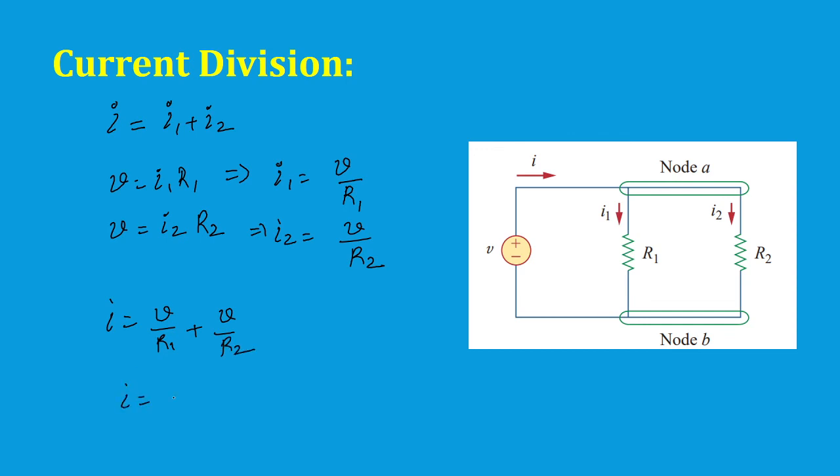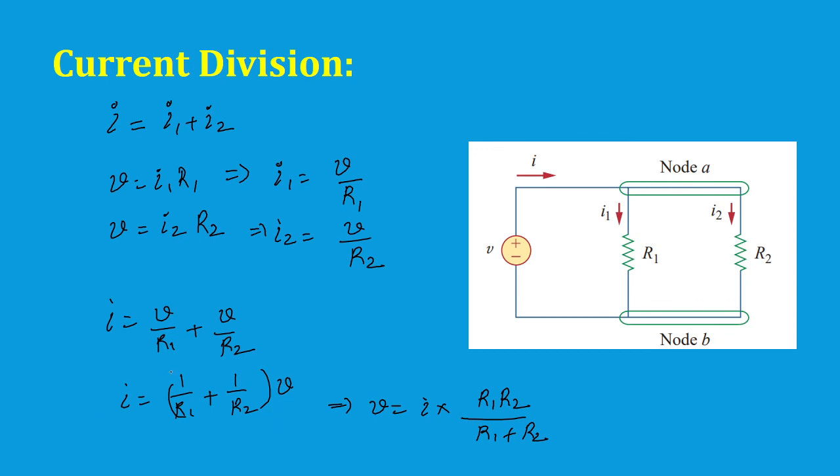So I is equal to 1 by R1 plus 1 by R2, into V. So V is going to be I divided by 1 by R1 plus 1 by R2, or you can write V is going to be I into R1 R2 by R1 plus R2.